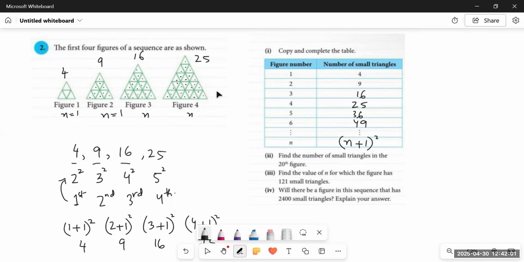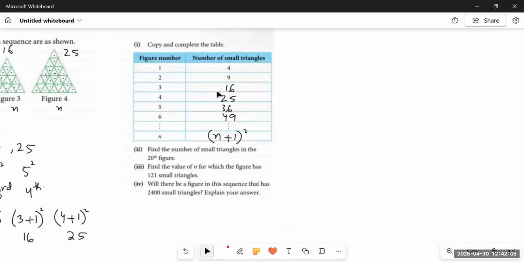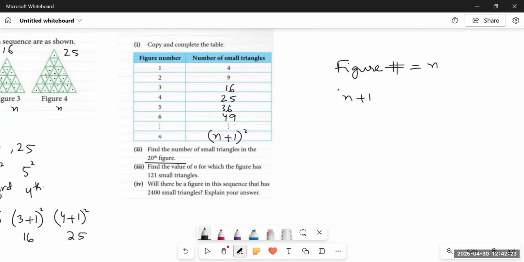Now we have to find the number of small triangles in the 20th figure. They have provided us with n, the figure number. We have to find the number of small triangles. For this, we will write n plus 1 to the whole square is equal to 20 plus 1 to the whole square.